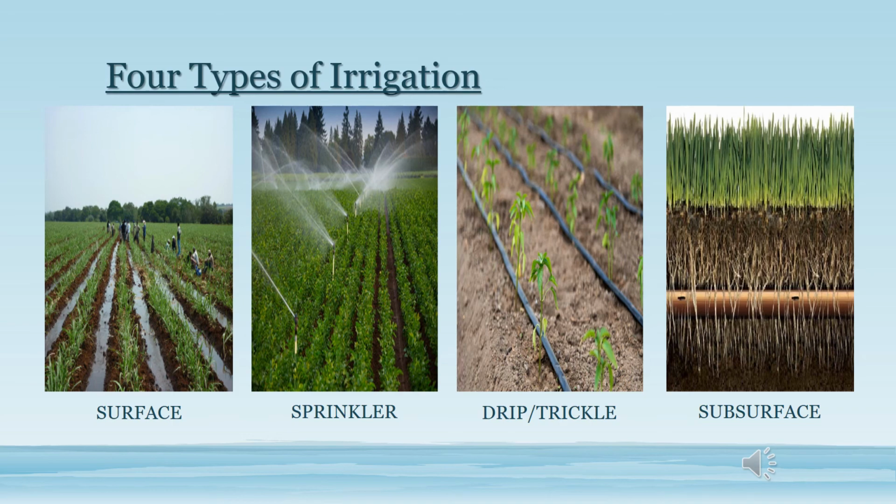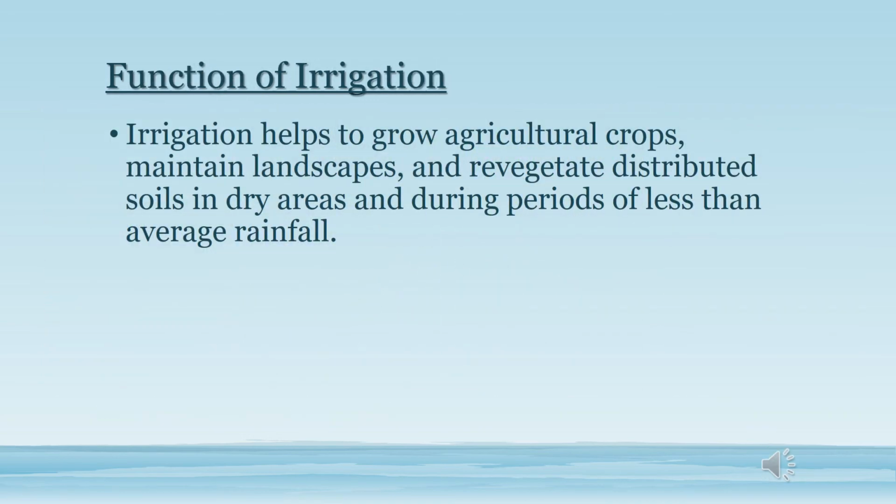If the water table is well below the surface, irrigation emission devices can be buried below the soil surface. The function of irrigation is to help grow agricultural crops, maintain landscapes, and revegetate disturbed soils in dry areas and during periods of less than average rainfall.